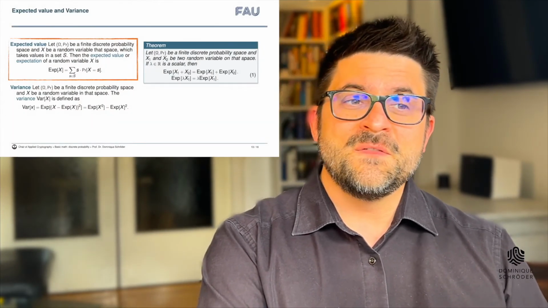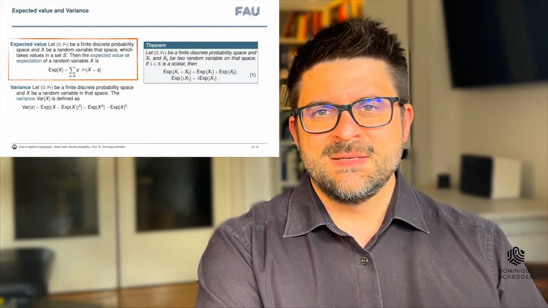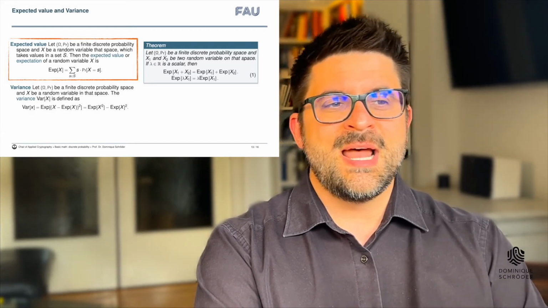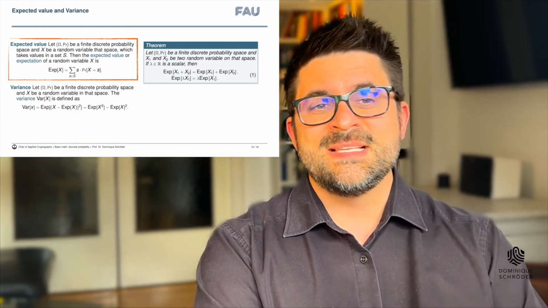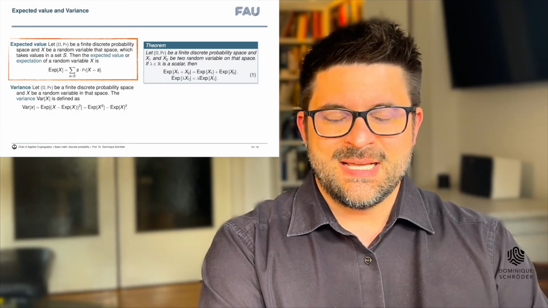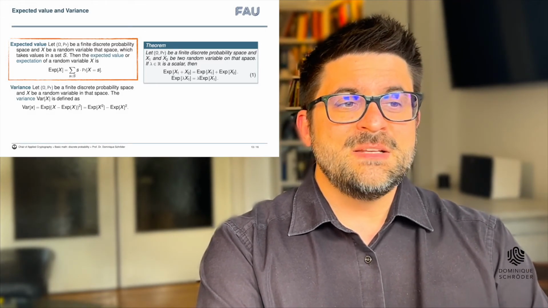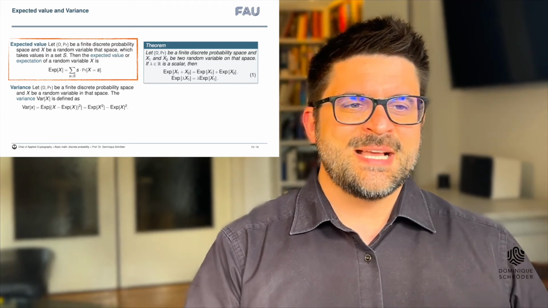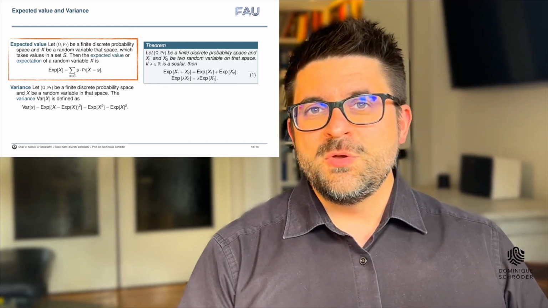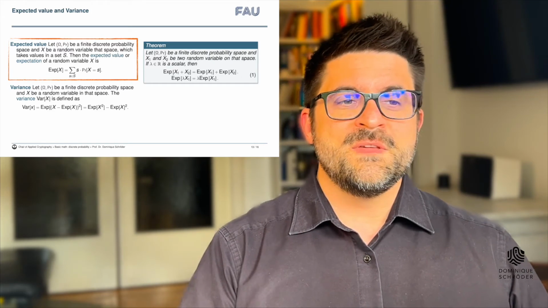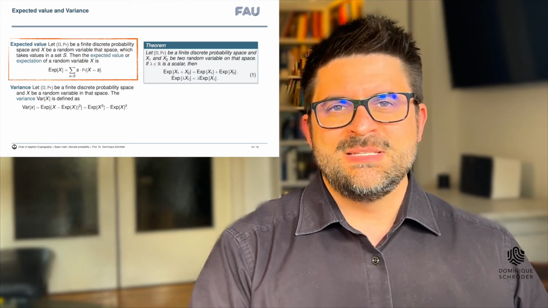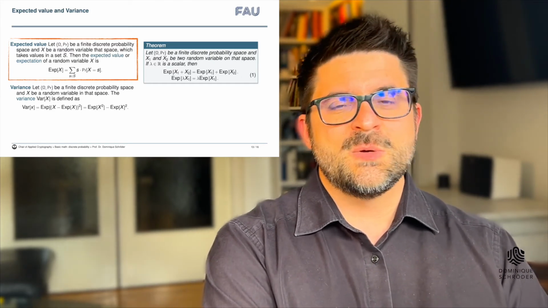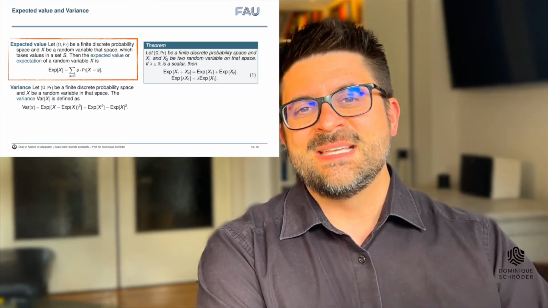We are considering a finite discrete probability space, and a random variable x that takes a value in the set S. Then the expected value or expectation of the random variable x is defined as E(x), and it's computed as the sum over the values s times the probability that x takes the value s.